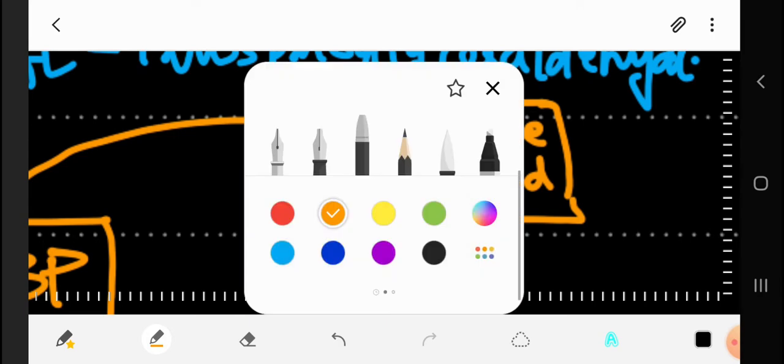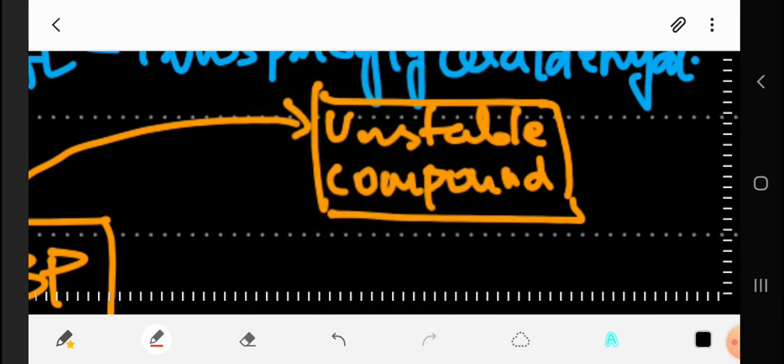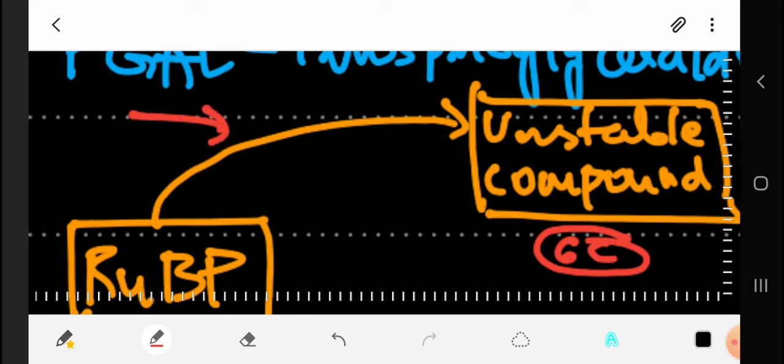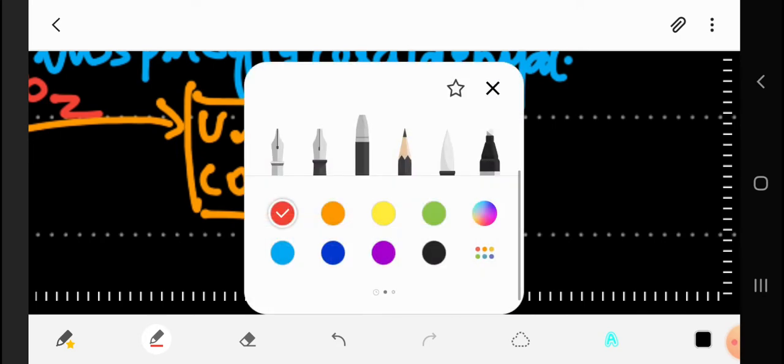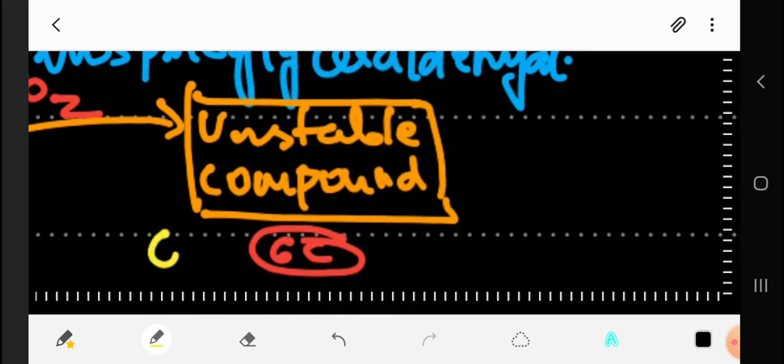But this is a 6 carbon molecule. How does that 6 carbon come? So we will have 6 CO2 getting added. Now this unstable compound, as it is unstable, and this also will be a 6 molecule compound, so we'll have 6 molecules of this compound.